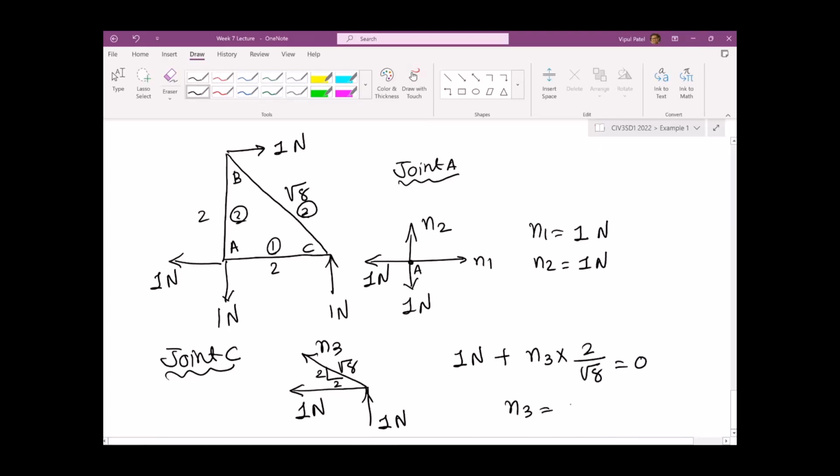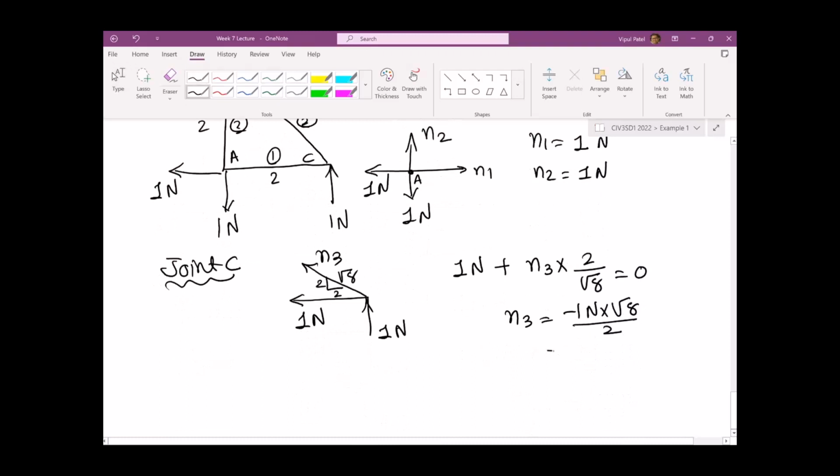So n3 equals minus 1 newton times square root 8 over 2, which is minus 1.41, compression. So n1 and n2 are in tension, and n3, minus 1.41, is in compression.